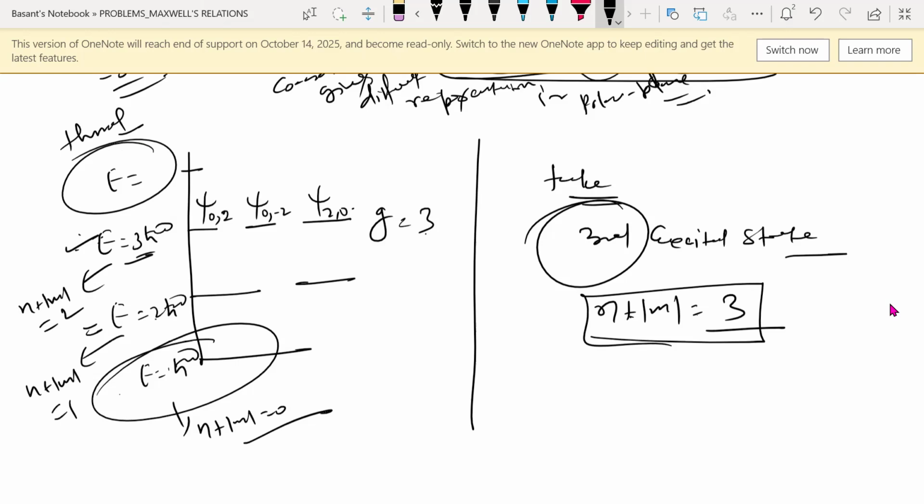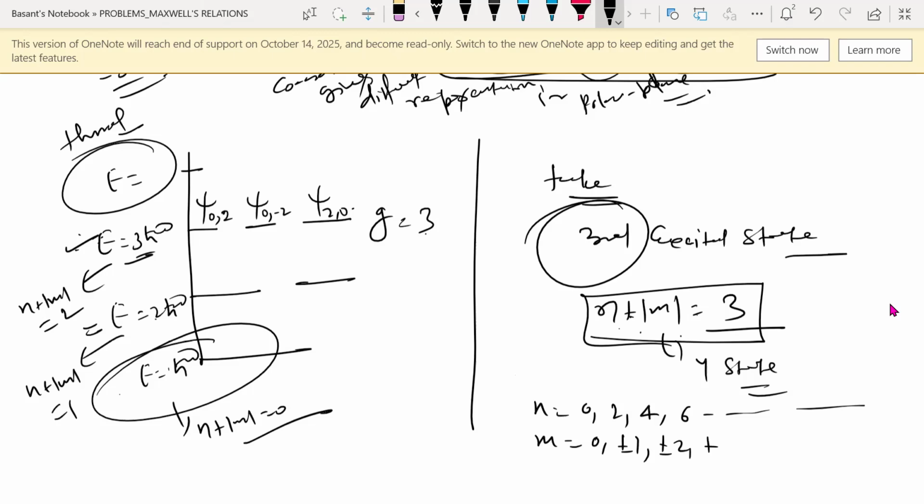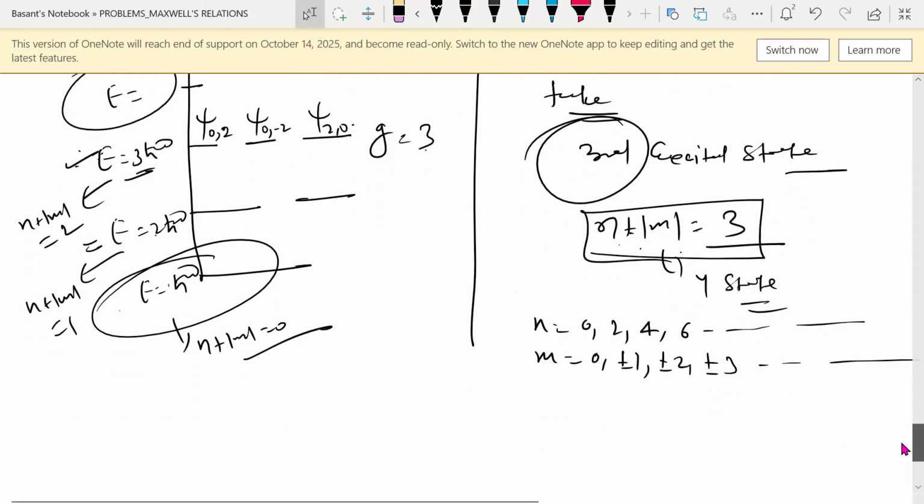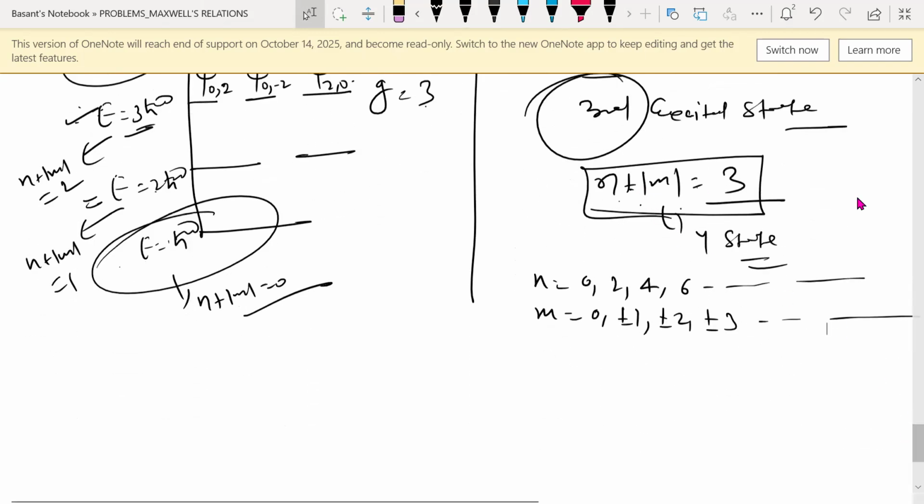For the third excited state, I have taken here n plus mod m is equal to 3. And this combination gives 4 states. See here, n is equal to 0, 2, 4, 6, etc. And m is equal to 0, plus minus 1, plus minus 2, plus minus 3, etc. So the combination has the value 3.